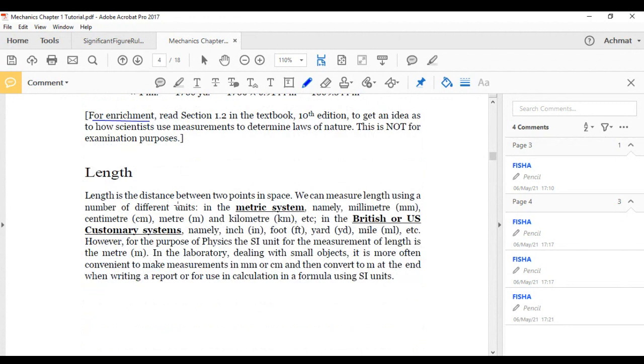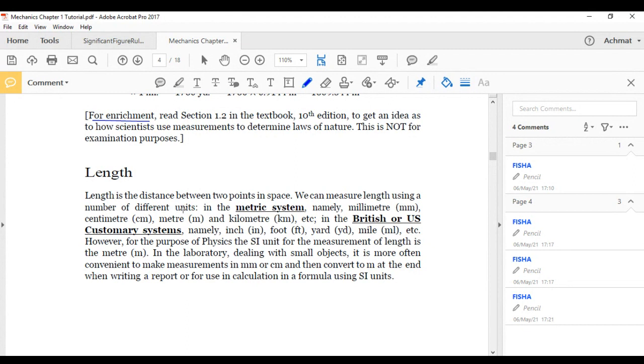Okay, remember, length is a distance between 2 points in space, either in a straight line or along a curved path. So there are different units that you can use to measure distance or length.